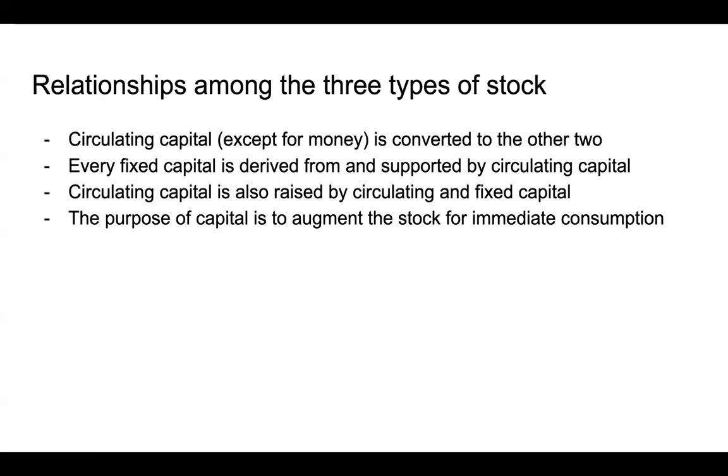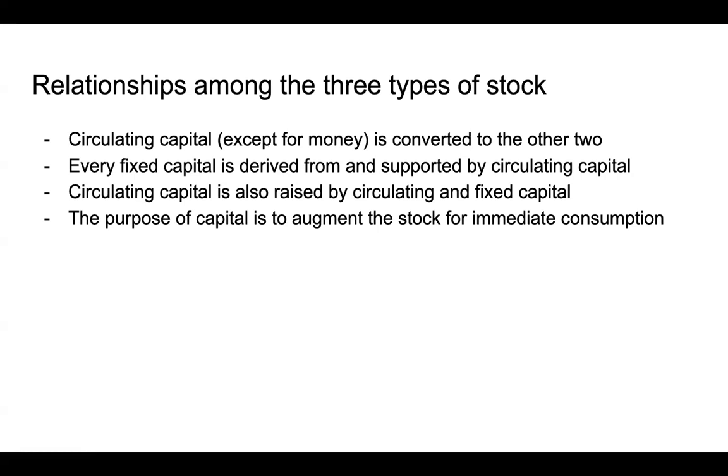Circulating capital in turn is also raised by other circulating and fixed capital, right? Why is that, right? So all the circulating capital in a nation is kept up by the produce of land, mines, fisheries, so on and so forth, right? They all come from some produce of nature, right?